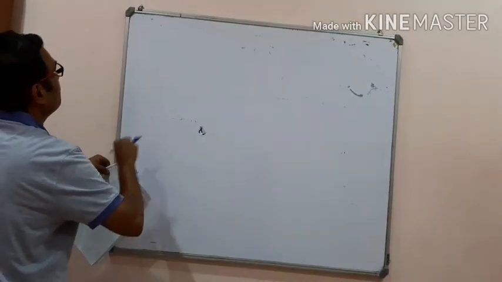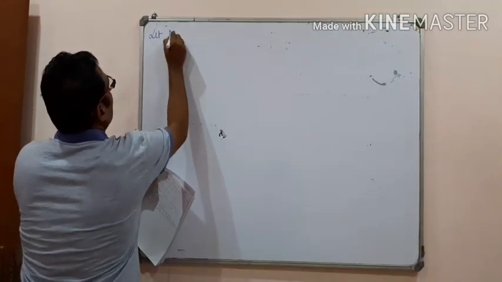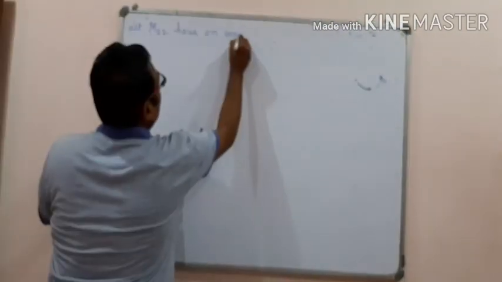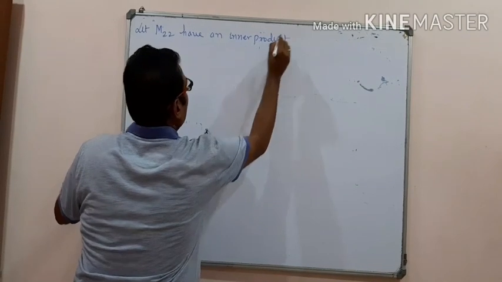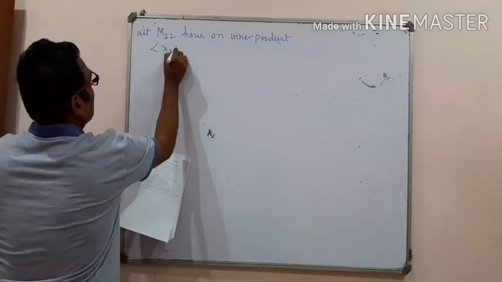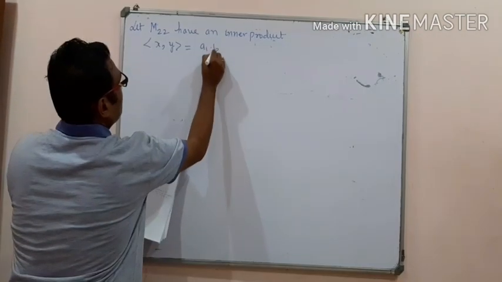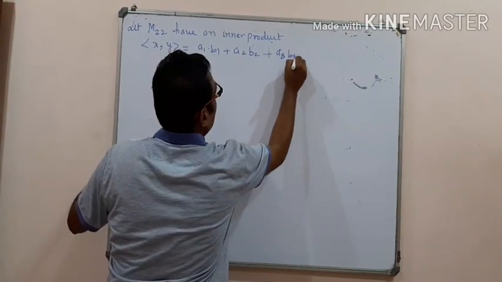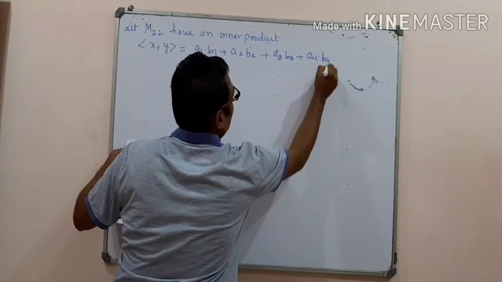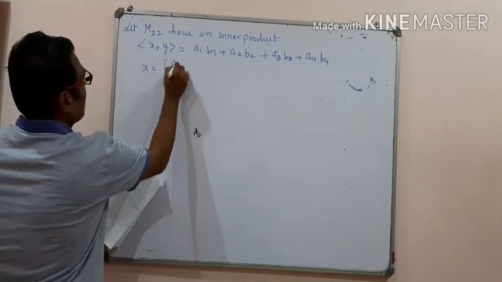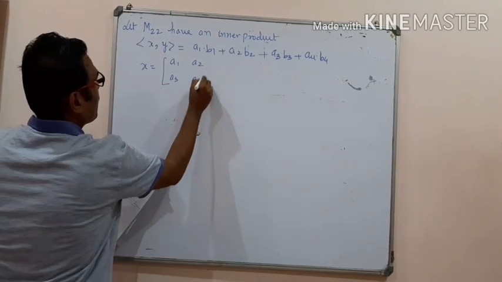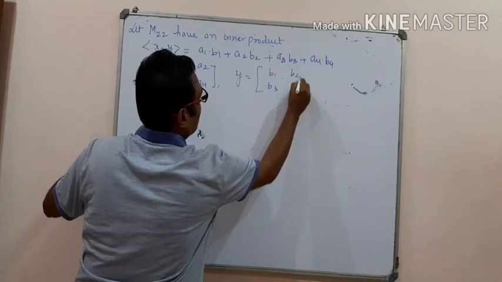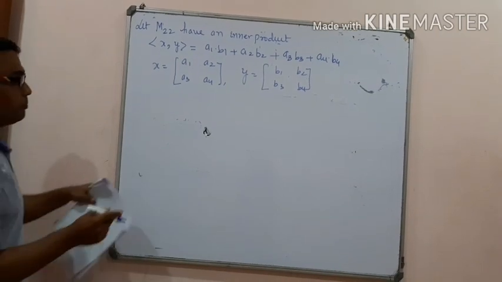Next example: let M22 have an inner product x comma y equal to a1 into b1 plus a2 into b2 plus a3 into b3 plus a4 into b4, where x is equal to a1, a2, a3, a4 and y is equal to b1, b2, b3 and b4. This is our problem.